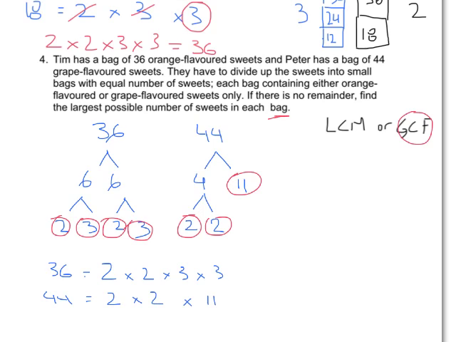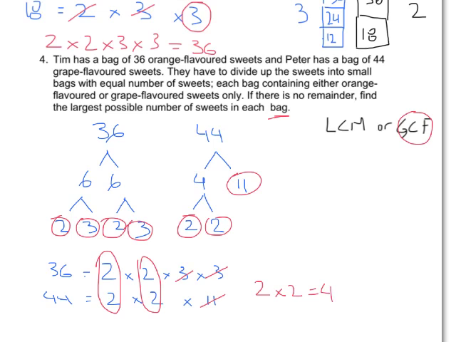Okay, so to get the greatest common factor here, my 2's are common, there's another 2 that's common, and then there's no 3's in the bottom number, and there's no 11 in the top number. So it's just 2 times 2, which in this case is 4.